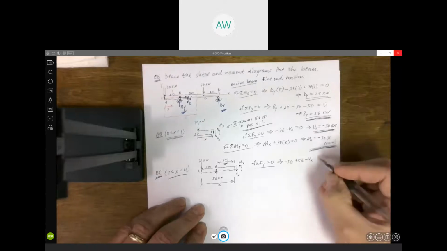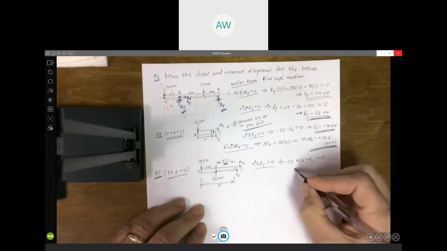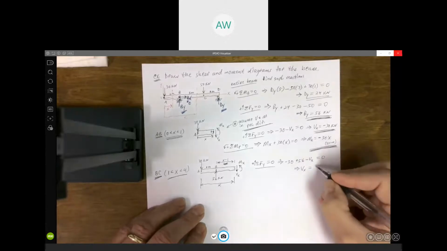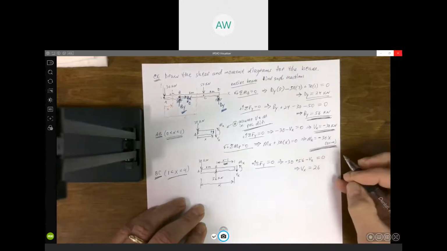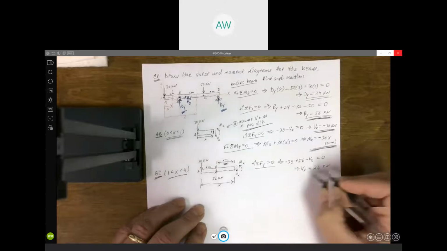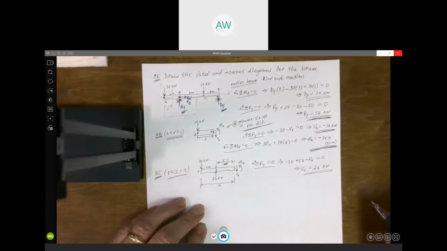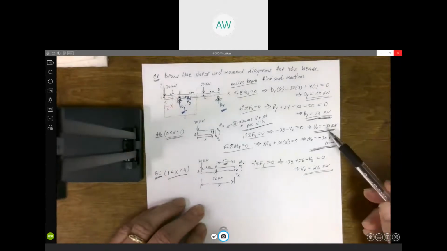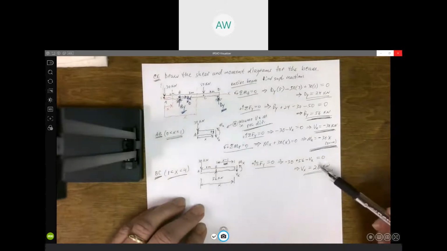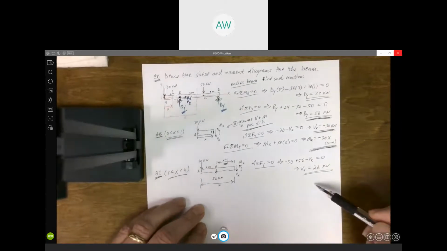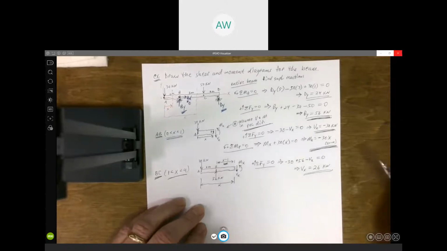And I think that's it. So solve for Vx. I hope I did my math right. It looks like positive 26 kilonewtons. And notice so far, the shear force V for AB and here, they're both constant. But the moment up here was not constant. It's not going to be constant in this section either.